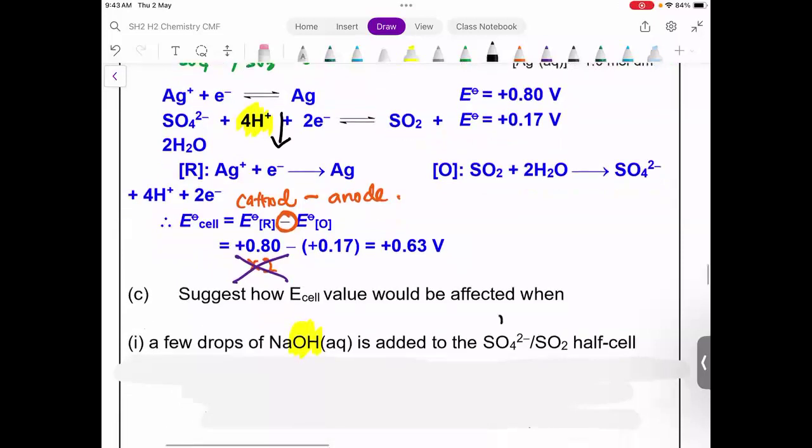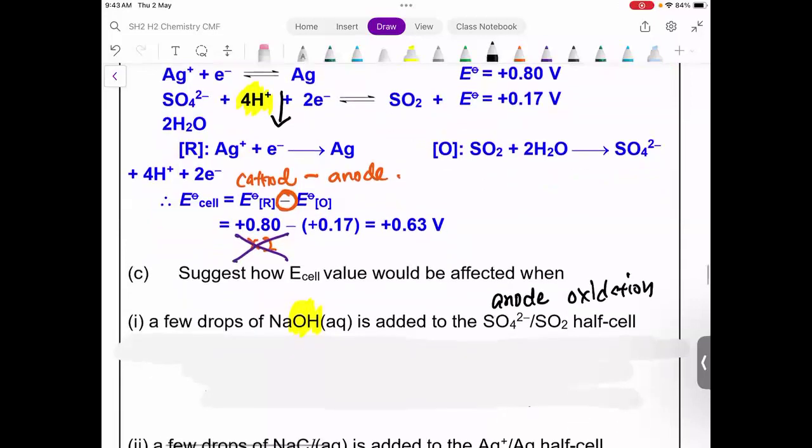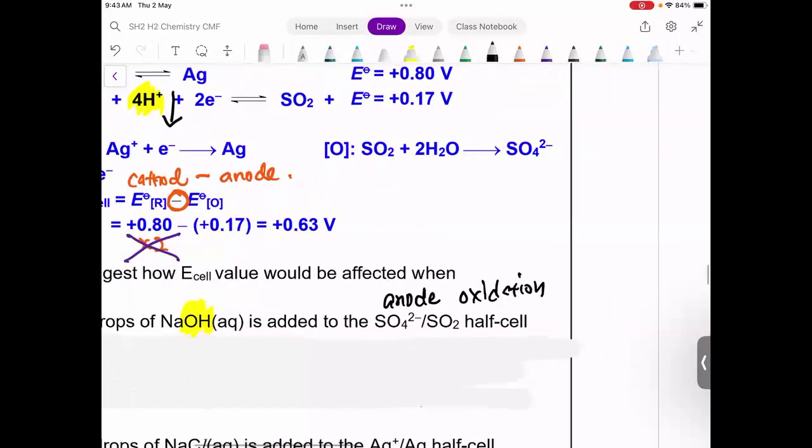If the H plus drops, does it favor? Remember, this is the anode. By right, it should undergo oxidation. So if your H plus drops, does it favor oxidation or less favor oxidation? It will favor oxidation. So oxidation is favored.